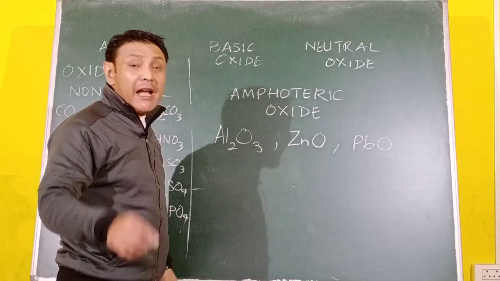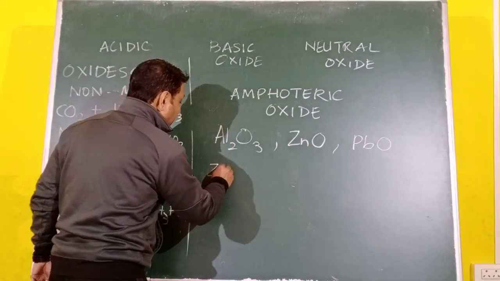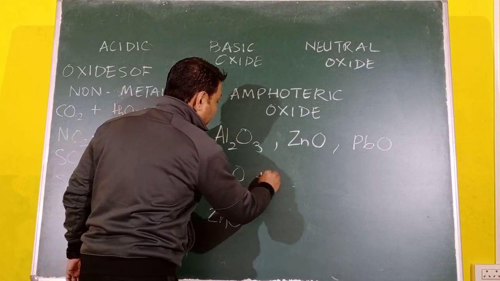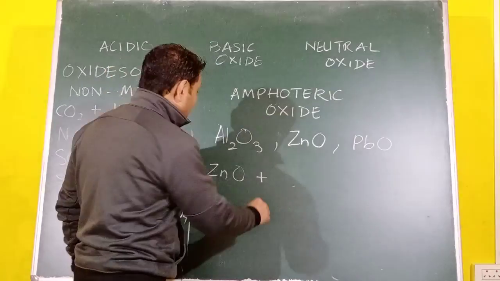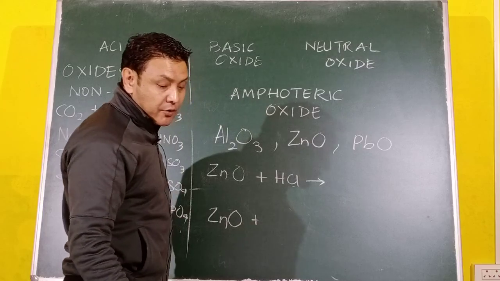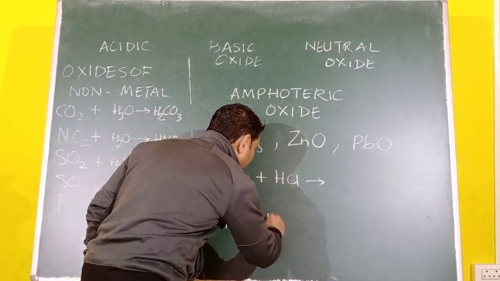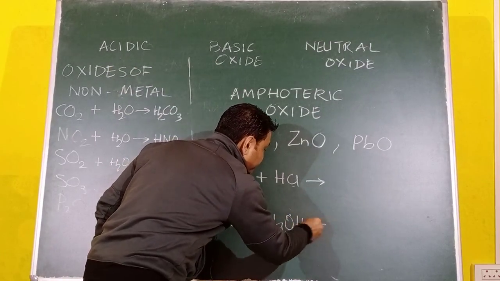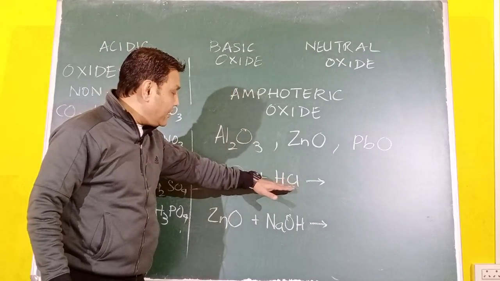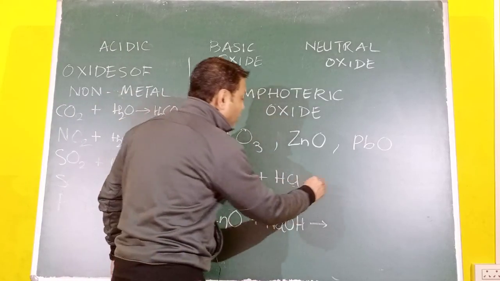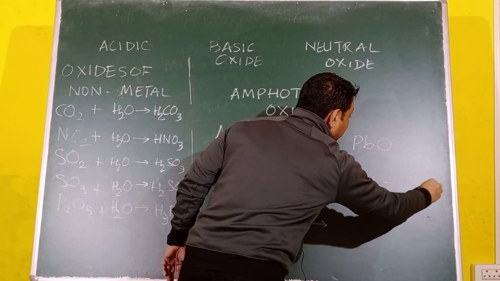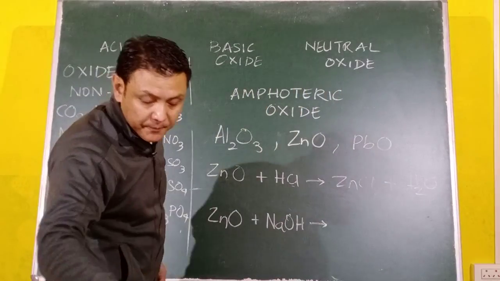I want to give you an example of the reaction of zinc oxide in both cases, reacting with a base and an acid to form salt and water. Let's talk about hydrochloric acid in this case, and over here, let's talk about sodium hydroxide, NaOH. Now zinc oxide is acting as a base here because it reacts to form salt and water: ZnCl2 plus H2O.